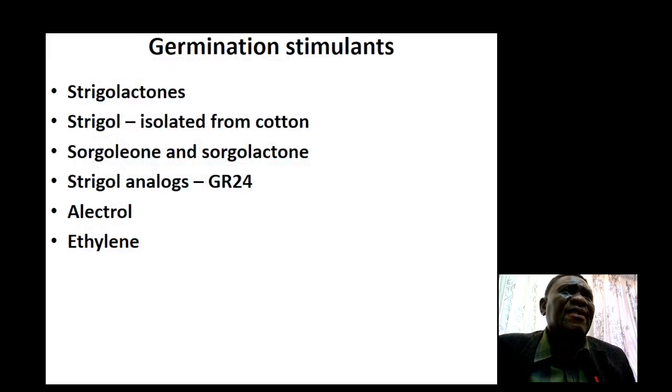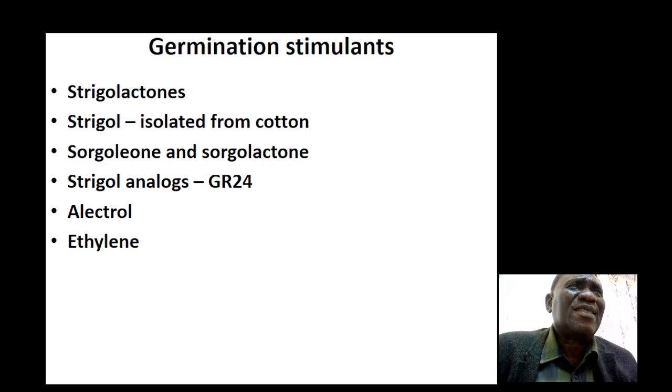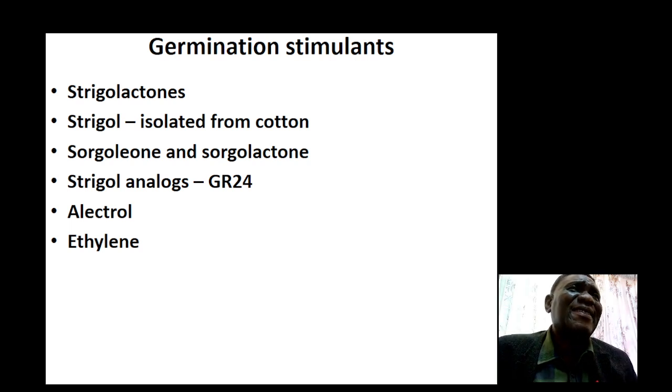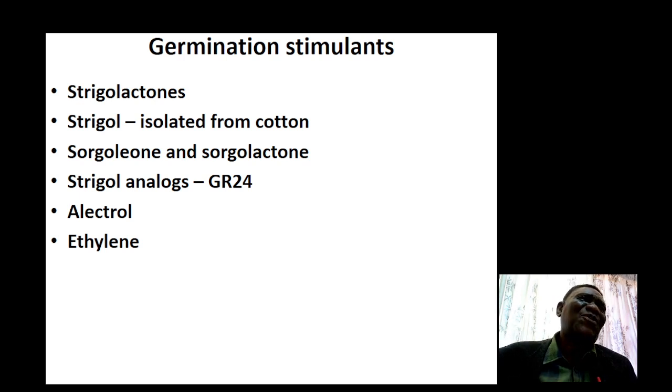So the germination stimulants which are produced by the hosts are called strigolactones. Please note that strigol was isolated from cotton, although cotton doesn't support parasitism. We also have sorgolactone and sorgolactone. Scientists have tried to mimic these strigolactones by producing strigol analogs, GR24.